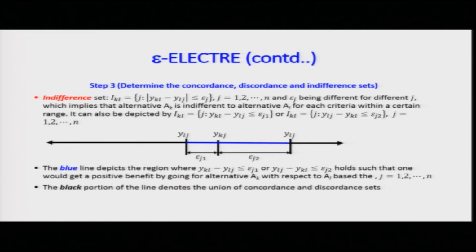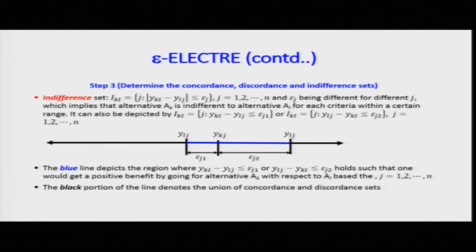Now, let us come to the indifference set. If you remember, I have marked it as the yellow one in between. That difference can be asymmetric, depending on what level of asymmetricity you want. That means indifference can also be of different values. So, in the indifference set I k l, when we compare A k with A l for those j values, if the mod of the difference is less than some epsilon value, epsilon j, with j from 1 to n, which would keep changing depending on the criteria, it will imply that A k is indifferent with respect to A l within a bandwidth.